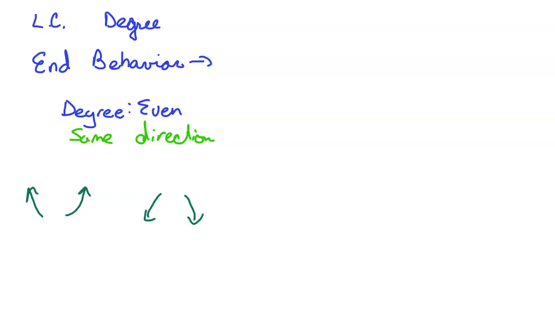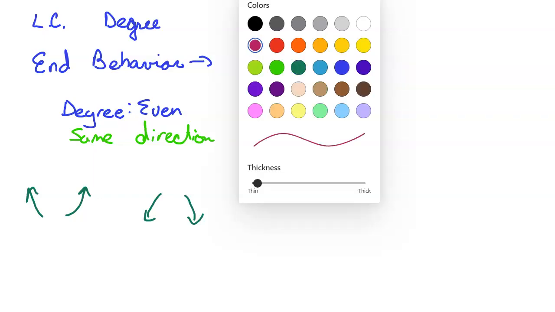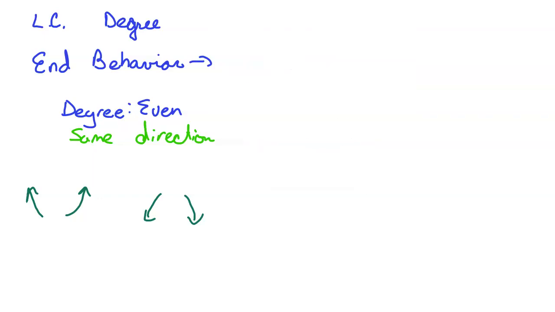Now the leading coefficient is going to tell us which direction they're going. Remember, our A value told us if we were opening up or opening down for our parabola. That's our leading coefficient. If it is positive, we're opening up.